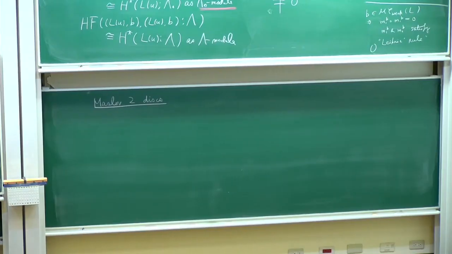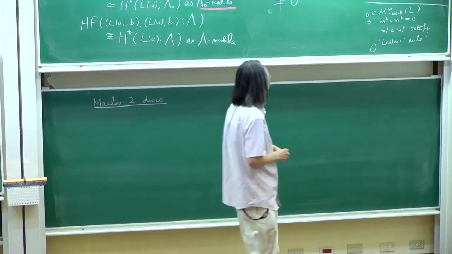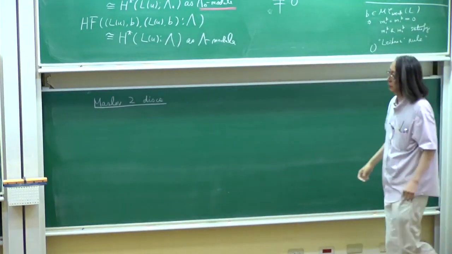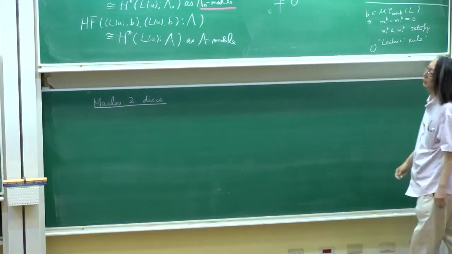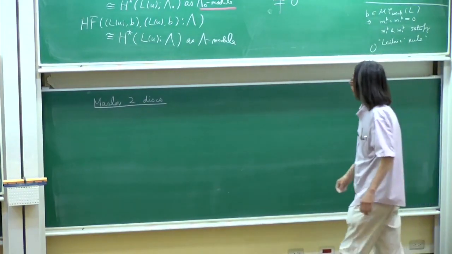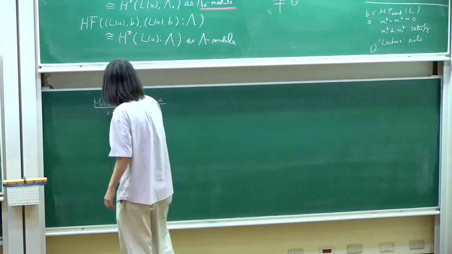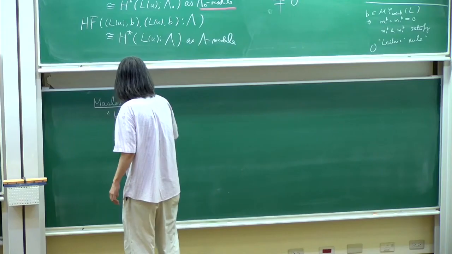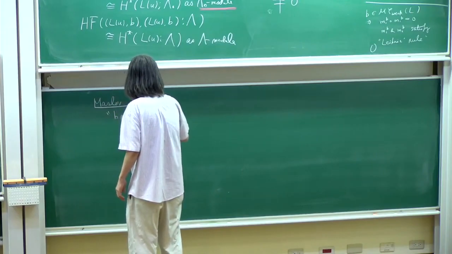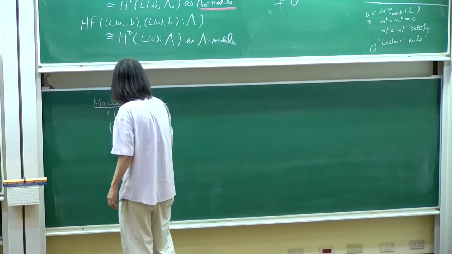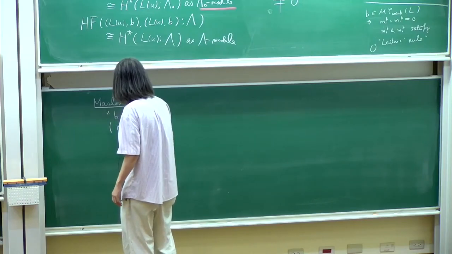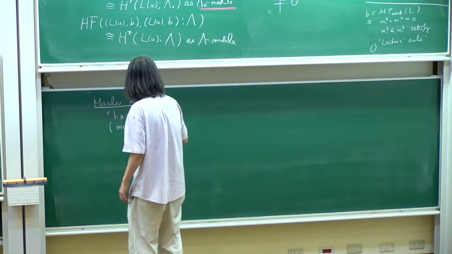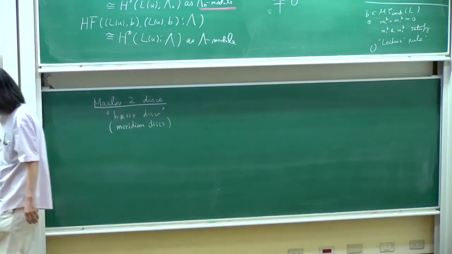And so somehow we have to study all Maslov 2 disks. But there are some rather basic things. So there are so-called basic disks, or maybe meridian disks. So what does it mean?